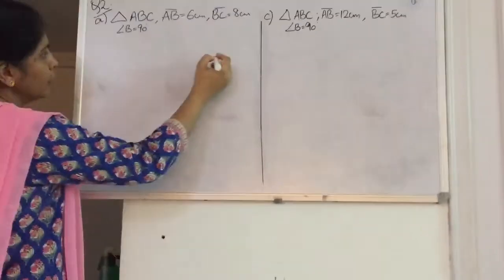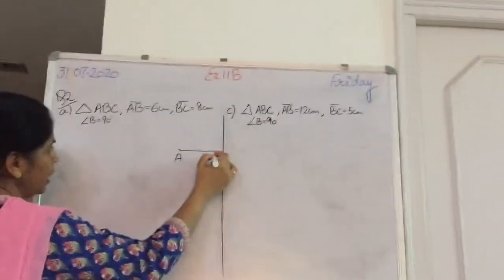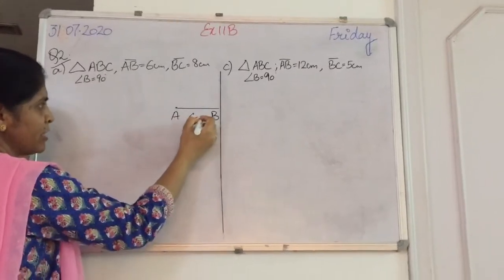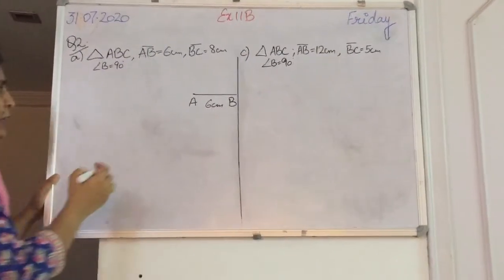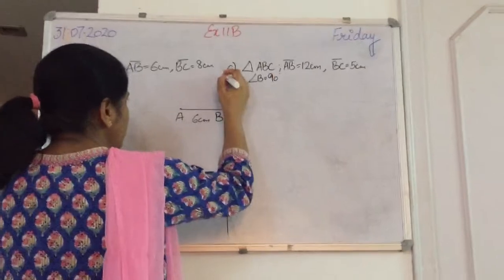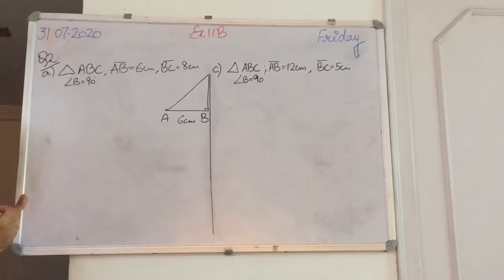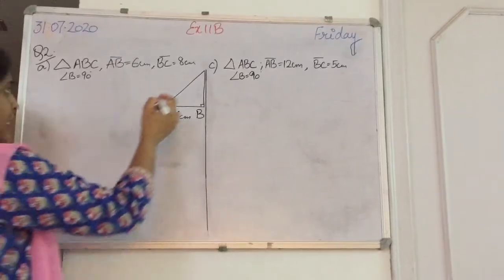Clear? So I am drawing here AB. Now B is on this side and AB is 6 centimeter, so I have written 6. Now B is 90 degree. You have to draw with pencil and ruler only. So 90 degree. And BC is 8 centimeter.